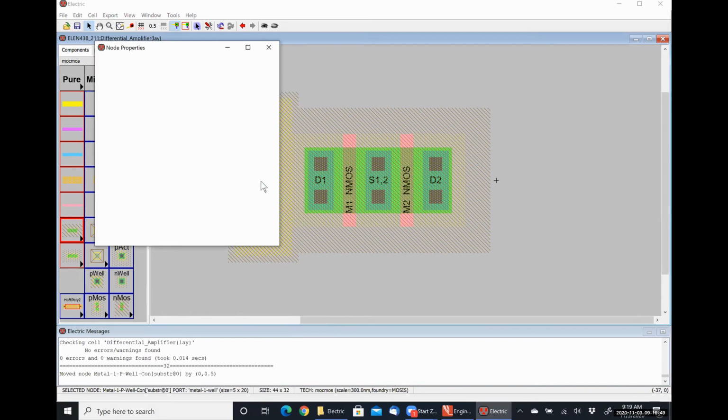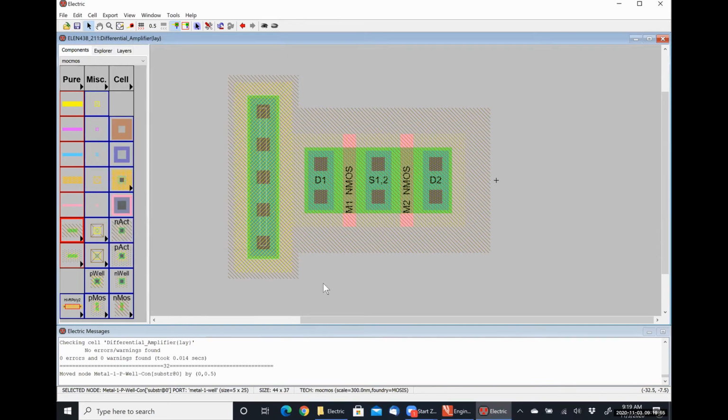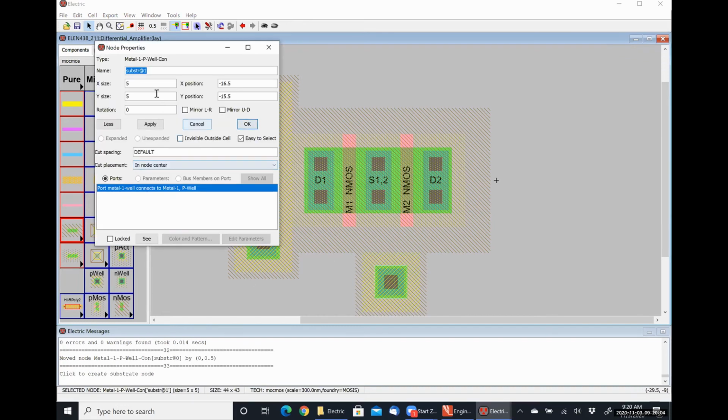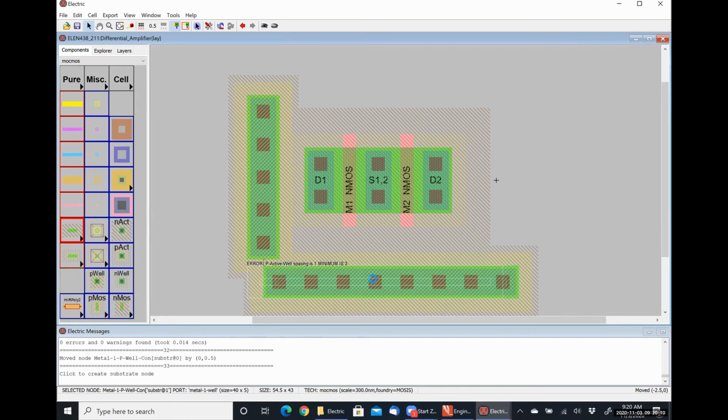That might not be large enough though. Let's make that 25. And for the one that's going to go across, let's just ballpark it at 40 for right now. That actually seems pretty reasonable.